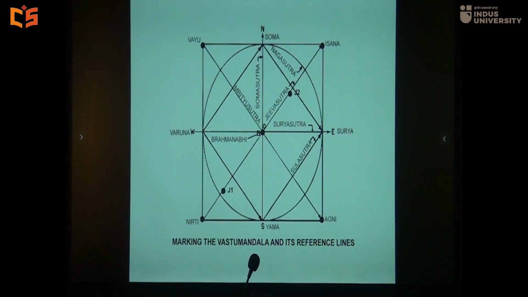How do you mark the mandala? Next one shows that you identify any center. Suppose you have got a huge compound, you approximately identify the center. And there you identify the directions, cardinal direction. How to identify cardinal direction? There is a method given there in Manushyalaya Chandrika.